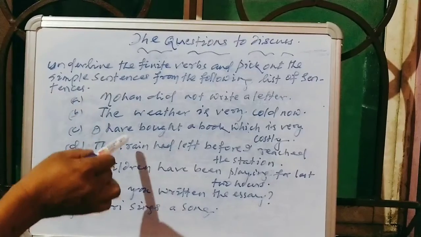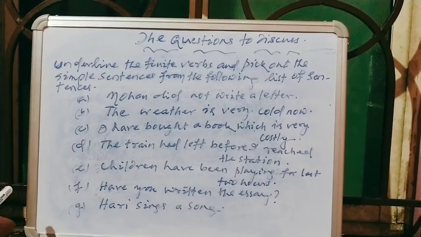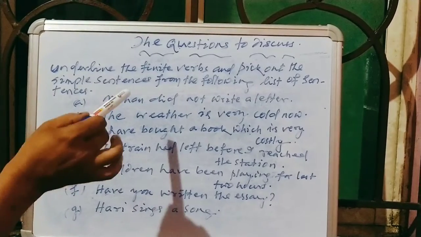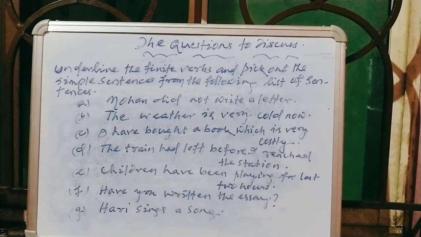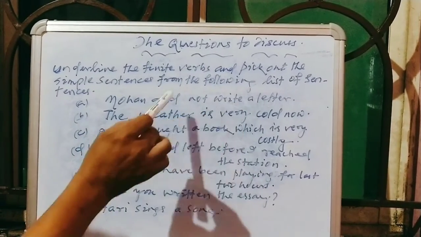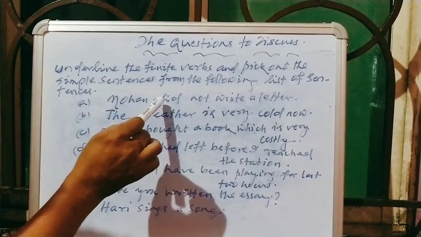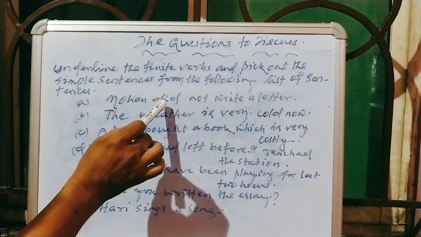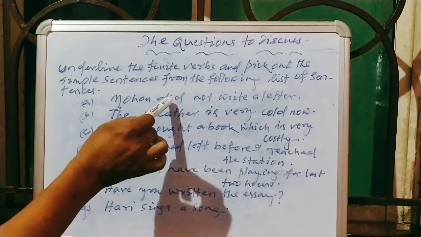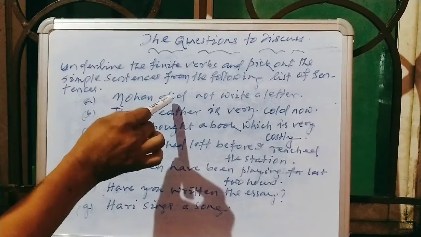And for your better understanding, for your better reference, we can find the finite verb at the beginning of the verb phrase. Here you see in the past sentence, did write, it is the verb phrase, and the beginning verb is did, so that it is the finite verb.